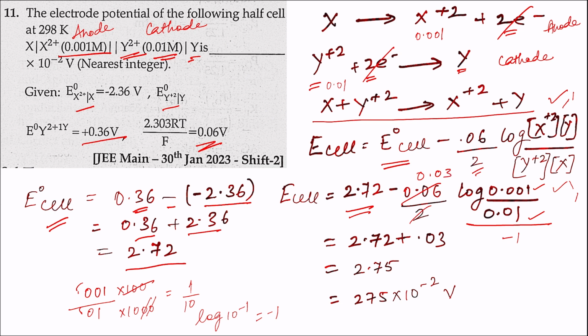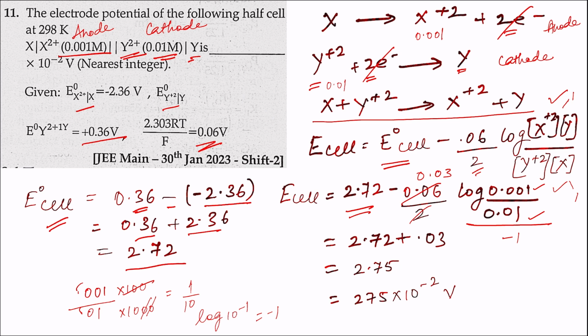Now 0.03 multiplied by log 0.001 divided by 0.01, that is minus 1. So 0.03 multiplied by minus 1 will be minus 0.03.